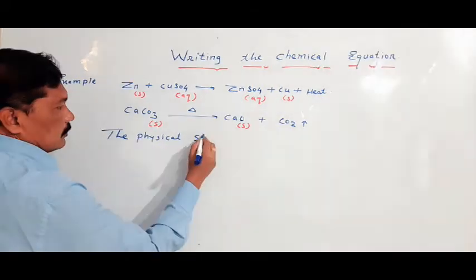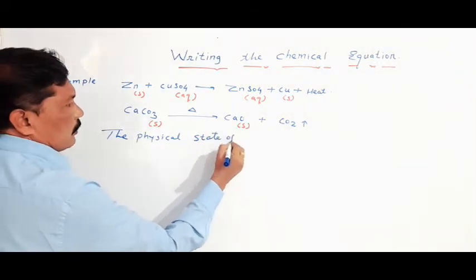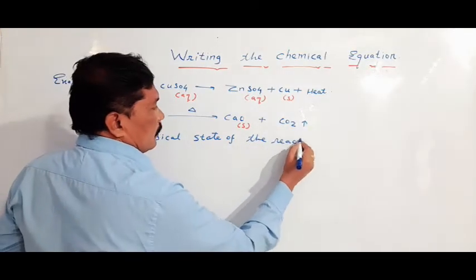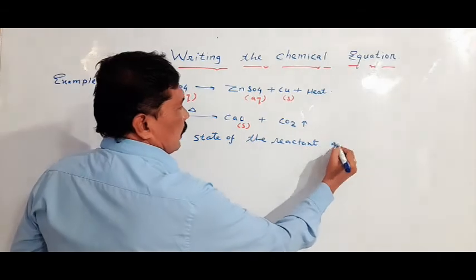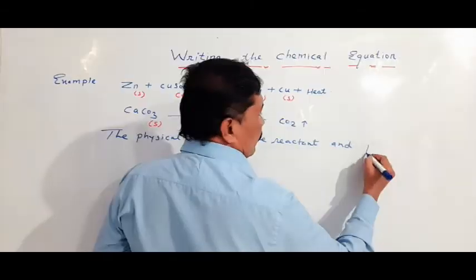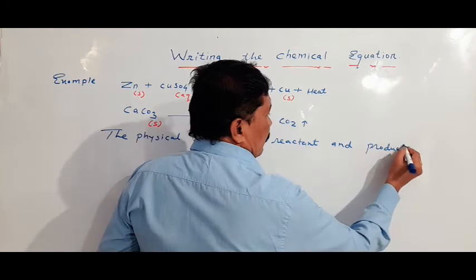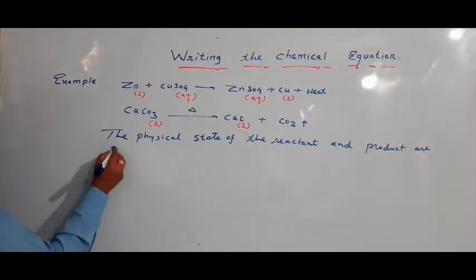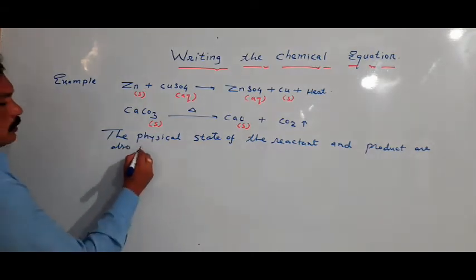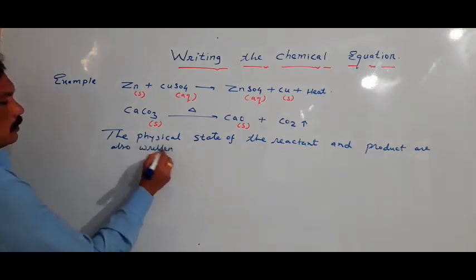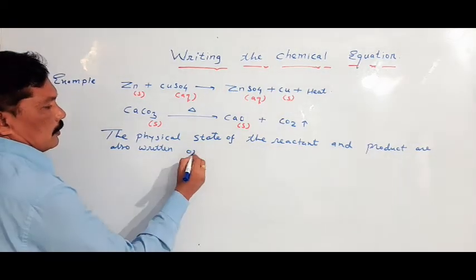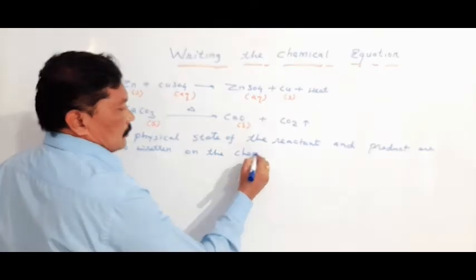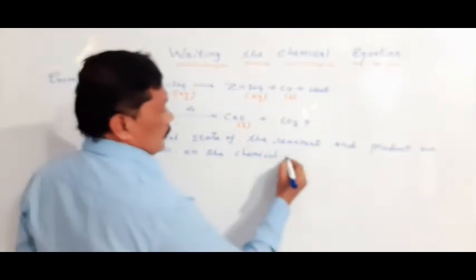The physical state of the reactant and product are also written on the chemical equation.